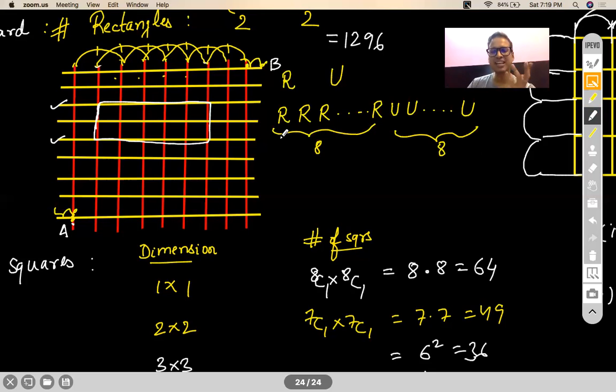Correct. So let's say if you arrange it like R, R, U, U, means he's going right, right, up, like that. So ultimately to reach from A to B, he has to move 8 units right and 8 units up, in whichever fashion he wants.